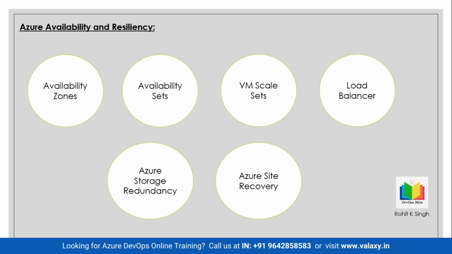So automatically it will load balance your VMs, and if anything goes bad, like if one of the zones is down, it will serve the request from the other zone. And if there is a threshold, like your VM is getting high hits and the CPU is spiking, then it will create a new VM for you based on the parameters you have set.